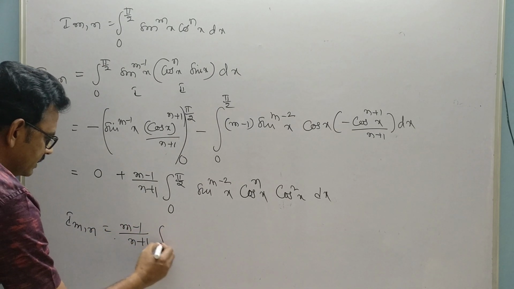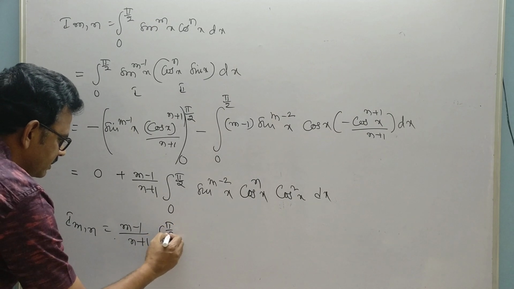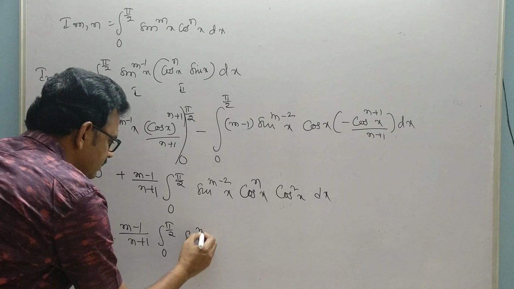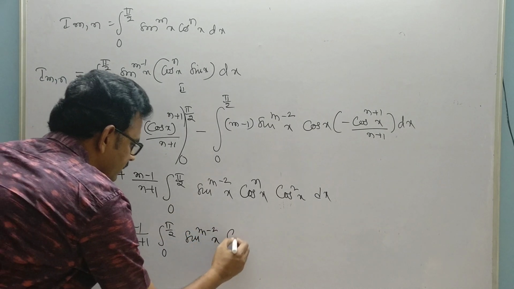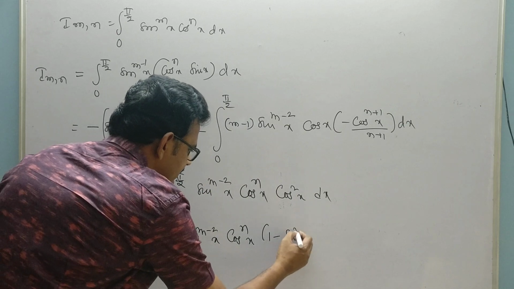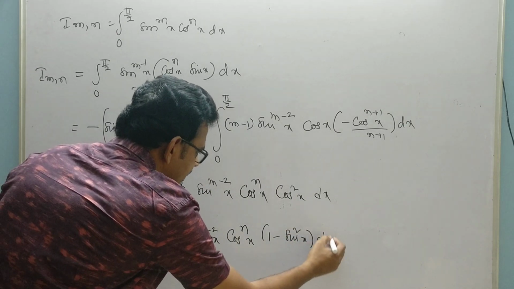So I(m,n) equals m minus 1 by n plus 1 integral 0 to pi by 2 of sin^(m-2)x cos^n x into 1 minus sin square x dx.